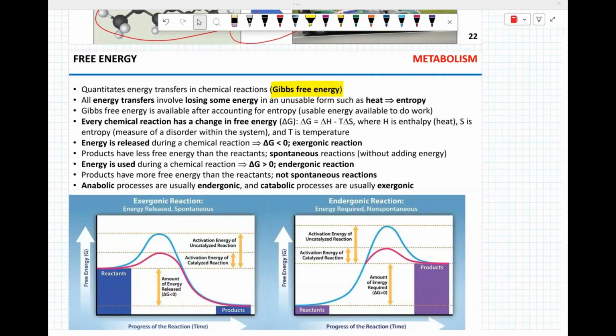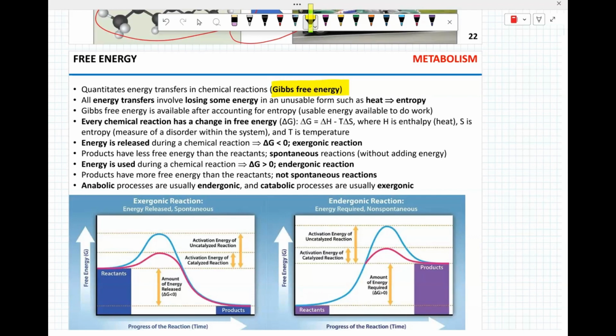How can we quantitate the energy changes during chemical reactions? For this, we use the concept of Gibbs free energy. Gibbs free energy reflects the energy change when we move from reagents to the reaction products.